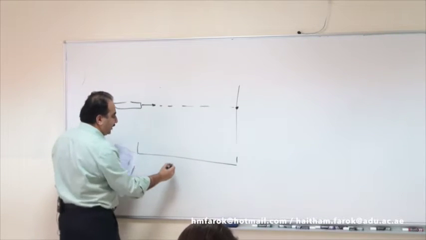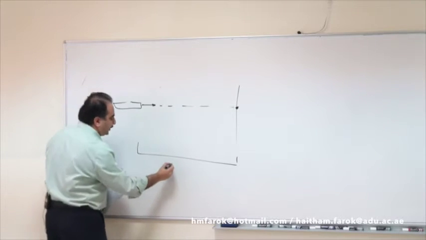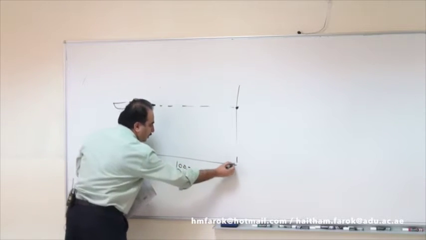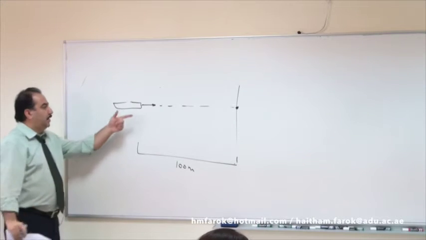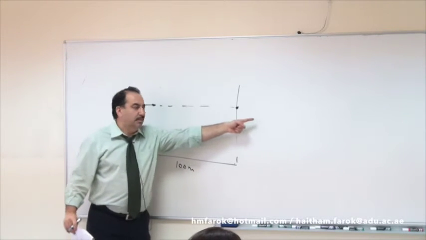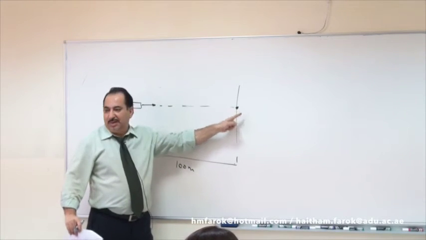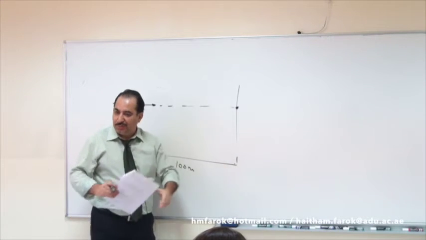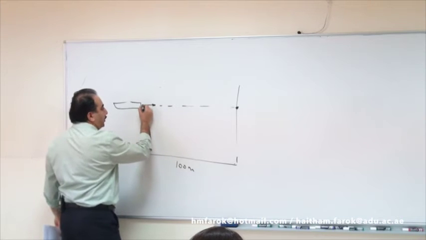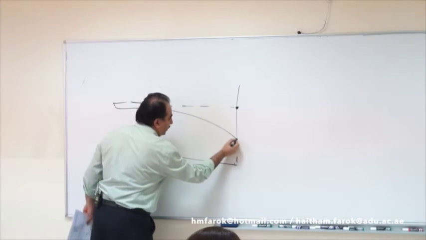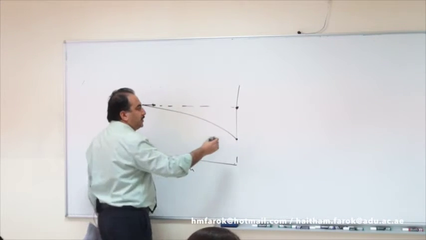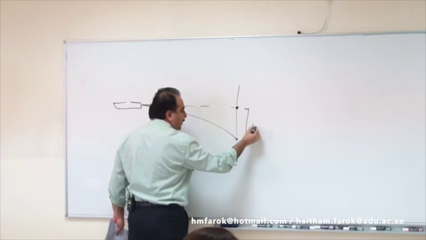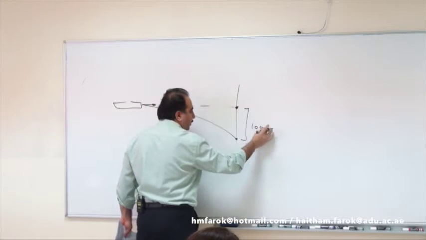Horizontally 100 meters, yes. And remember, if you fire horizontally, aiming at this point, you will not hit this point because of gravity. So you have a projectile motion. So you will hit below. The question says you hit 10 centimeters below.